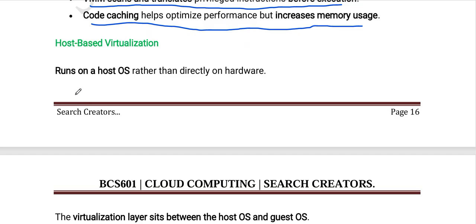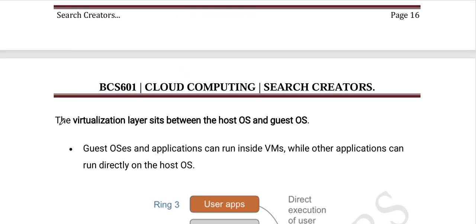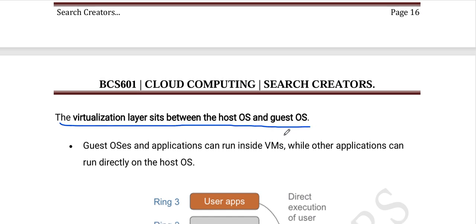Next is host-based virtualization. It runs on a host operating system rather than directly on hardware. The virtualization layer sits between the host operating system and the guest operating system.